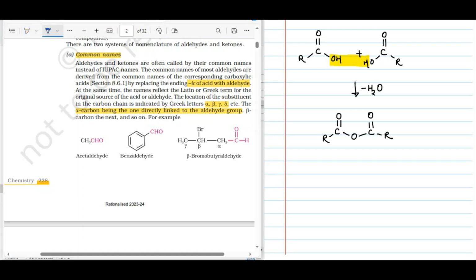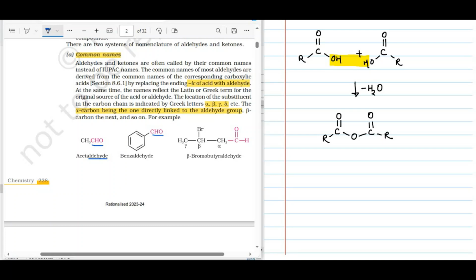In the first structure, this is acetaldehyde. The formula of acetaldehyde is CH3CHO. As it contains the CHO group, this is an aldehyde. Next is benzaldehyde. As the aldehyde group is directly bonded to the benzene ring, the name of this molecule is benzaldehyde.